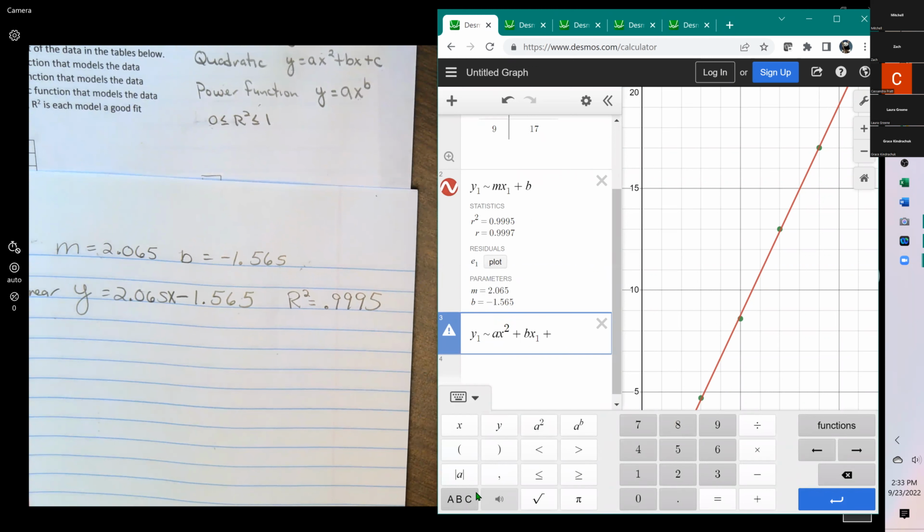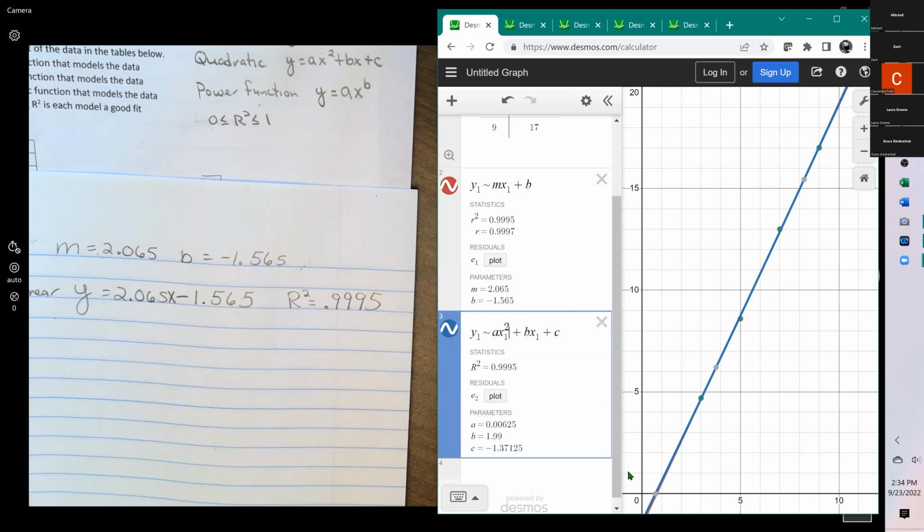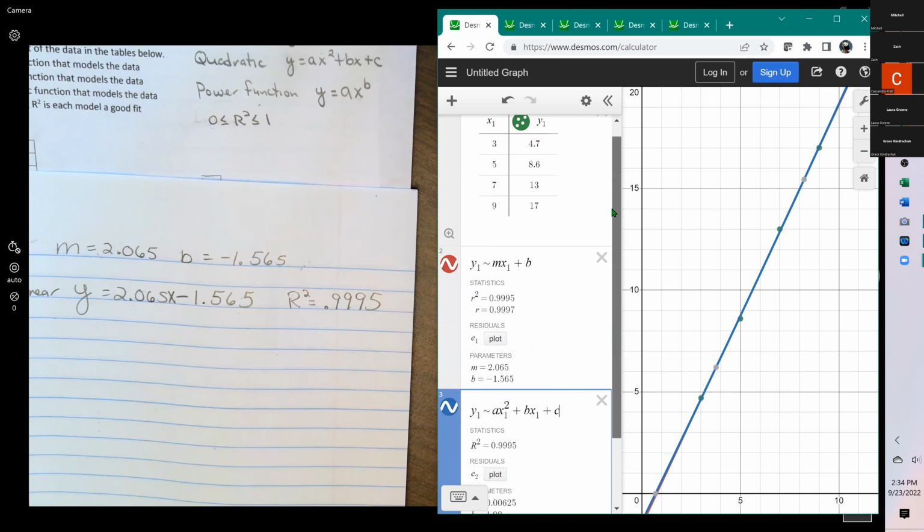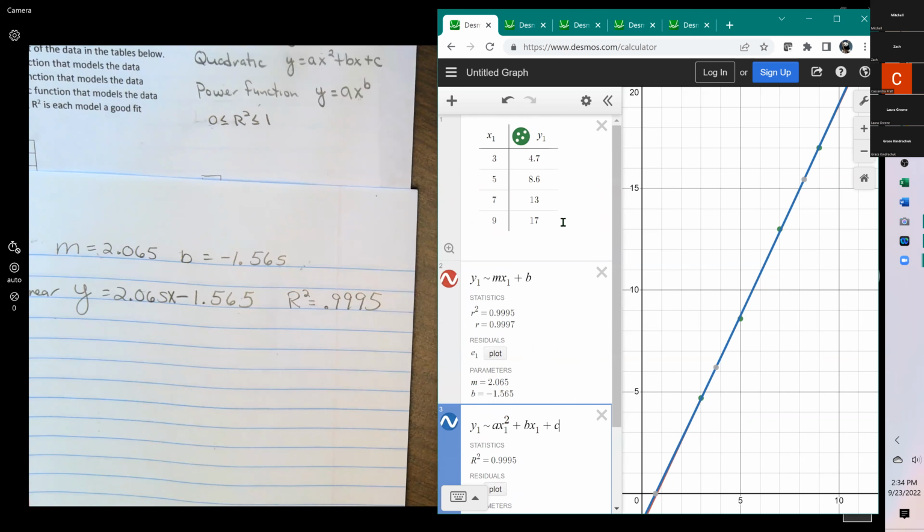Now notice I didn't put my 1. I can go back and put my 1 in. I'm using 1s for the subscript because my table is 1s. If your table was x sub 2 and y sub 2, then you'd use x sub 2s and y sub 2s.